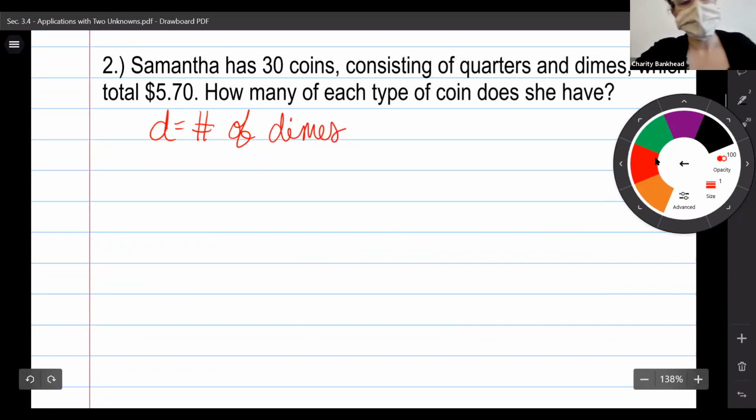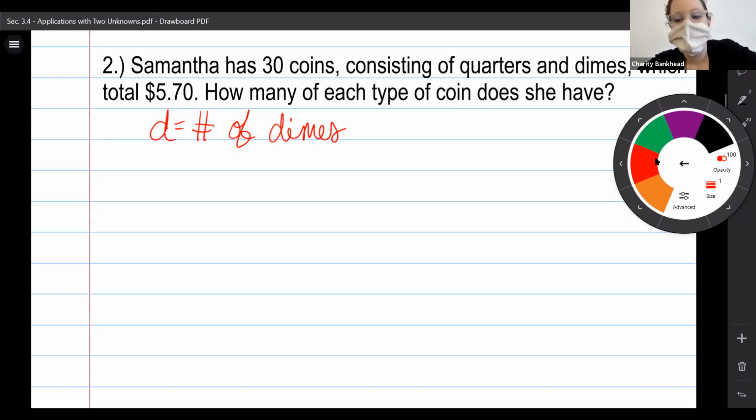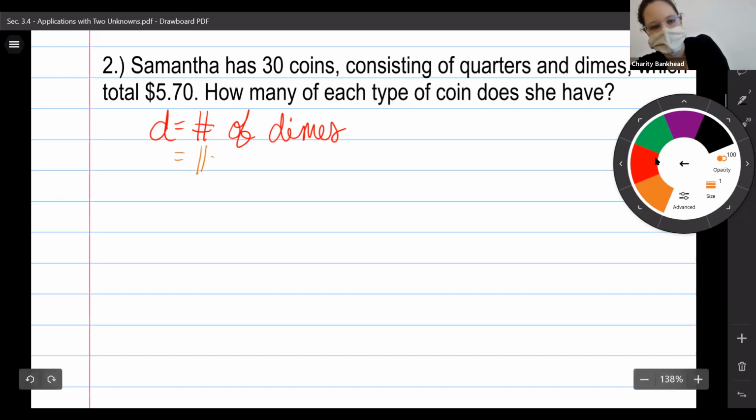Like I said, in order to solve an equation, you can only have one variable. So I want to try to write down an expression for the number of quarters using just the variable of D instead of making a new variable.